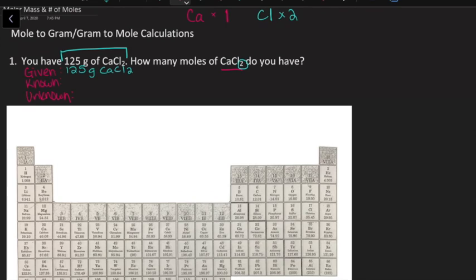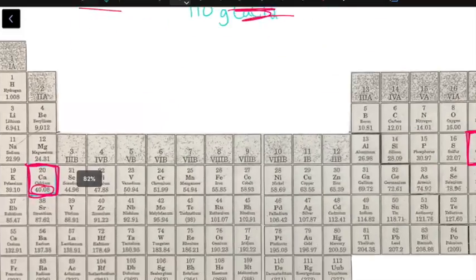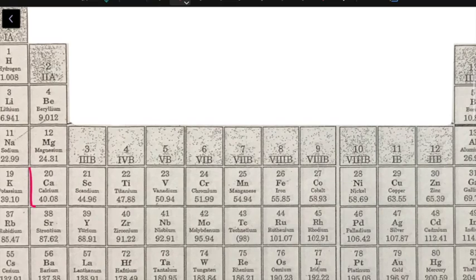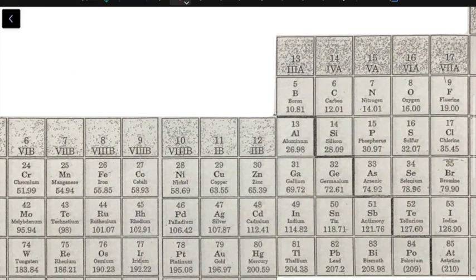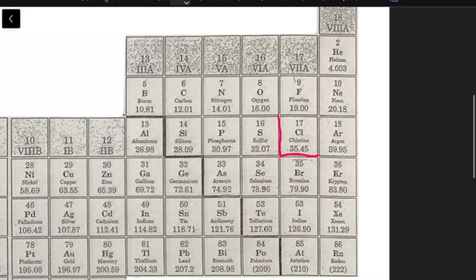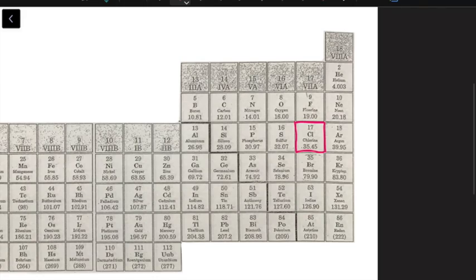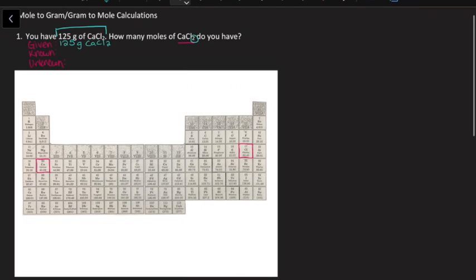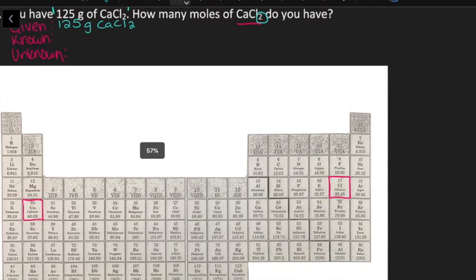So you kind of just have to use common sense here. First, you should know to find Ca, and then find Cl. And really, the only important things you can take from this are the masses. So we're going to find the molar mass of CaCl2.